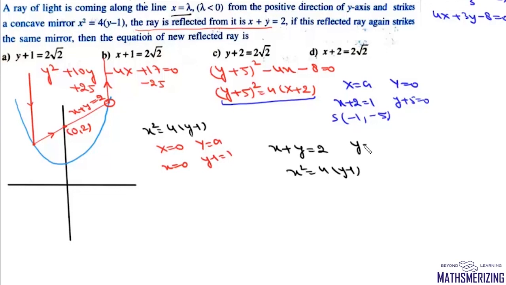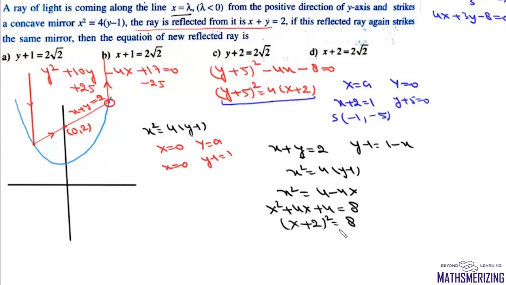Now we'll replace y minus 1 with 1 minus x. We'll write this equation as x square equals 4 minus 4x. So it'll be x square plus 4x plus 4 equals 8. So we'll write this equation as x plus 2 whole square equals 8.